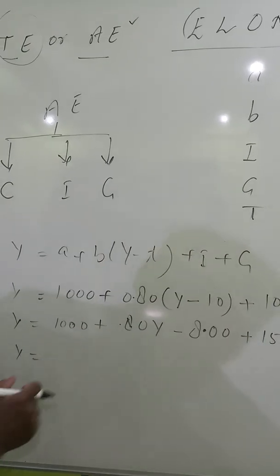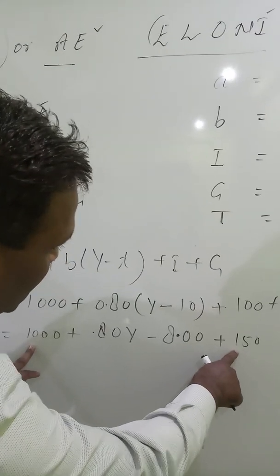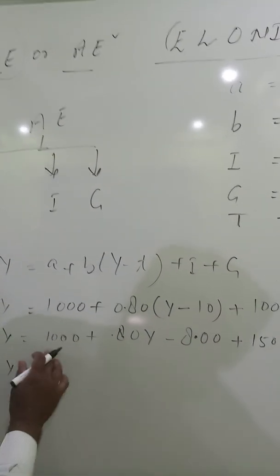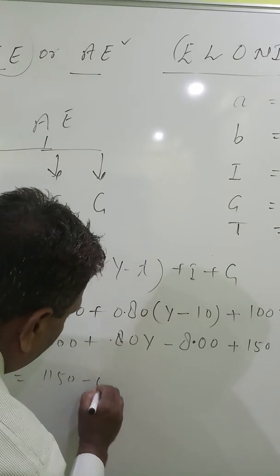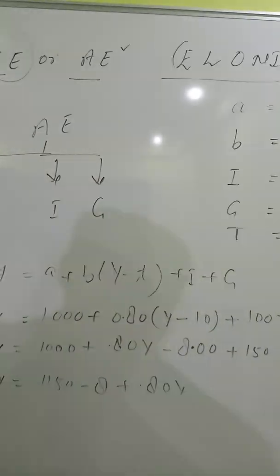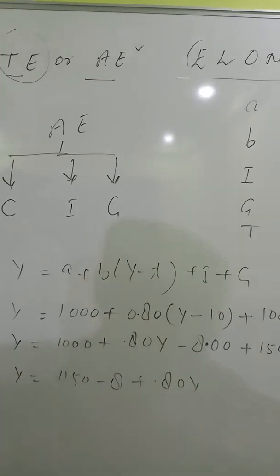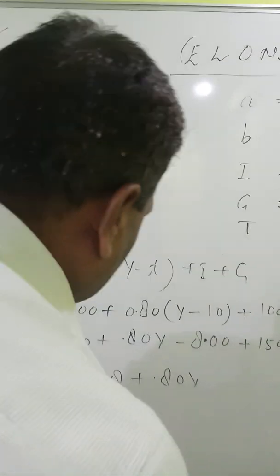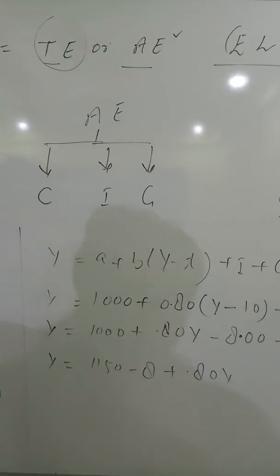Now get the summation, 1000 plus 150, it will be 1150 minus 8 plus 0.80Y. Now you can easily transfer 0.80Y to the left hand side.